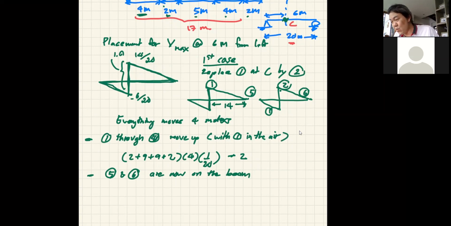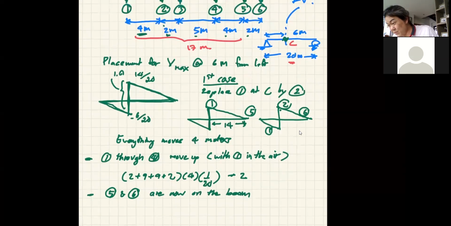So now when 2 is here, because load number 2 to 5, you see 2, 5, and 4, that's 9 meters. So load number 5 here, the distance from load number 2 to number 5 is, what did I say? 11 meters, right? And then for load number 6, this distance is 13 meters.